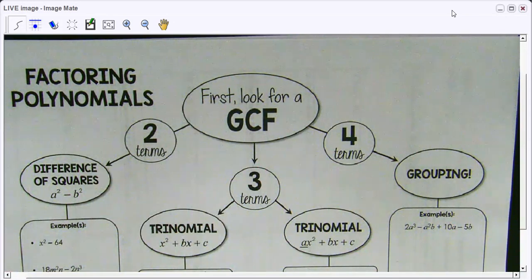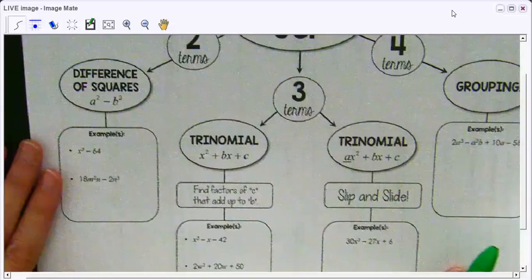And on that review, there were step-by-step instructions on how to determine what type of polynomial you're looking at and how you would factor it. This is something else that you could use, this graphic organizer. We're going to go through it in a minute. And then on the third page, there's simplified steps on how to identify what type of polynomial you're factoring. So let's look at this.